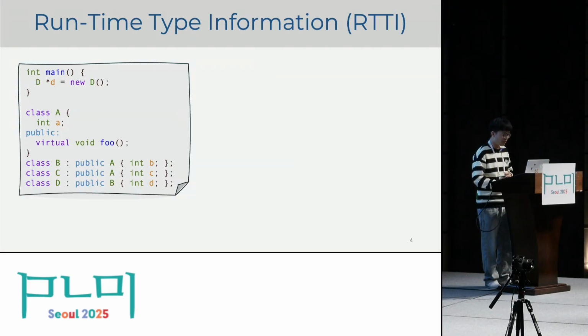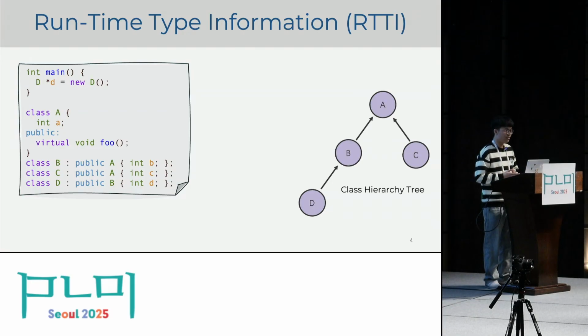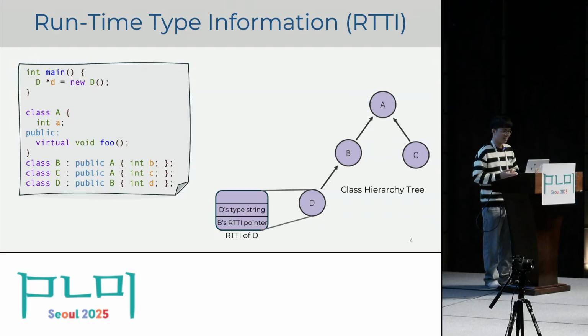In this example, the compiler generates RTTI data for each class in the hierarchy. Each RTTI data has two important pointers. One pointer points to its type name string, and another pointer points to the RTTI data of its base class.